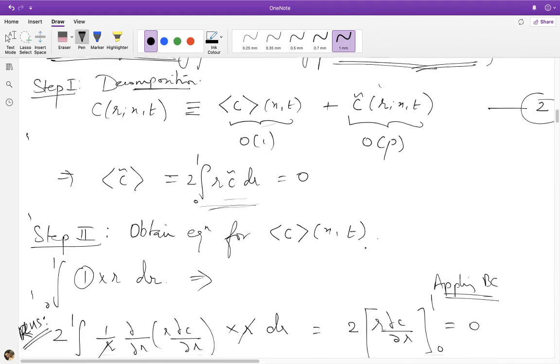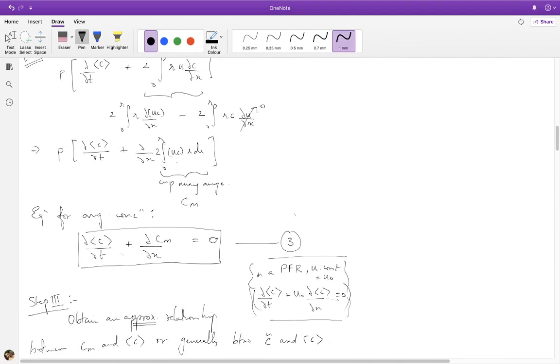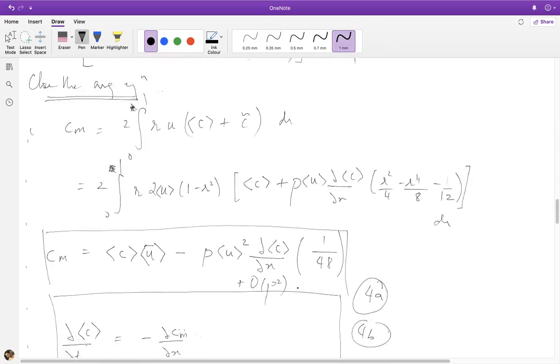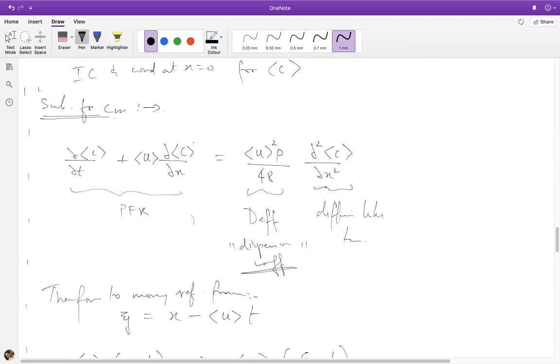In fact, in the average equation that we have here, it would just give me on the right hand side, instead of 0, d squared by dx squared of the cross section average, and that would be an r independent term. So then it would carry forward through the derivation quite simply, and in the end it would combine with this effective diffusion term as also a molecular diffusion in the x direction.